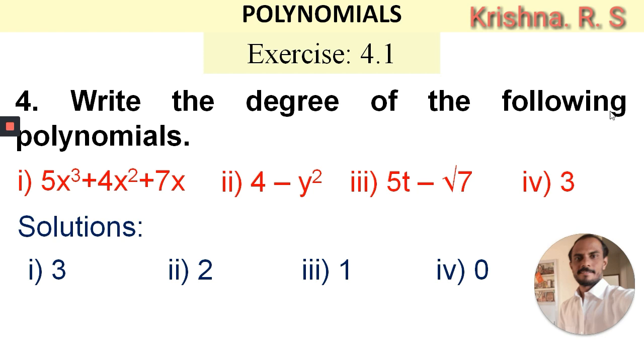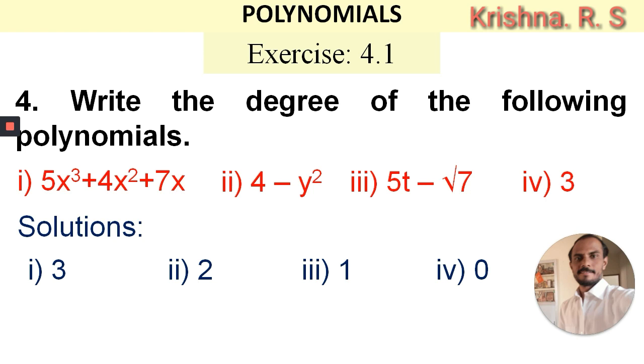A linear polynomial means x, y, t, p or m to the power of 1; the highest exponent is 1, so we call it a linear polynomial. If the degree is 2, we call it a quadratic polynomial.